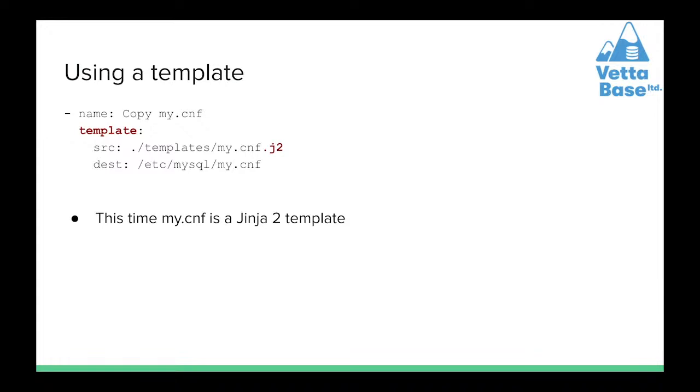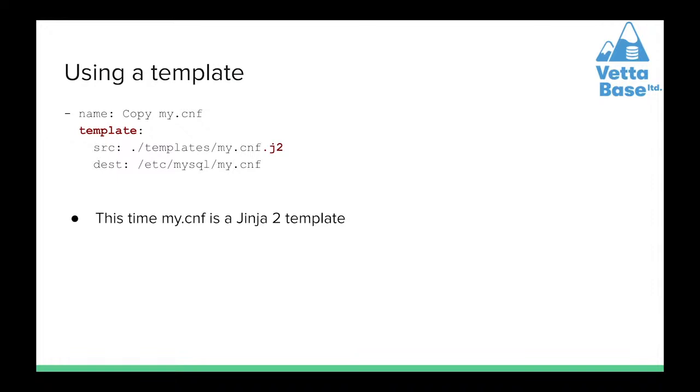So you can see we are using a different module, which is template. The source, so the template file, is located in a directory called templates by convention, which we are calling my.cnf.j2.